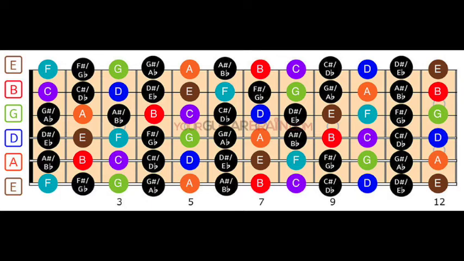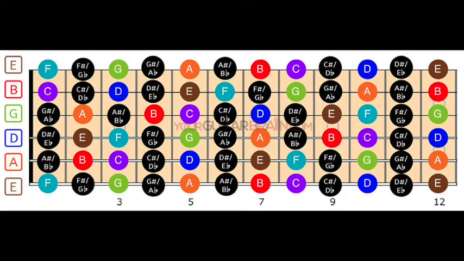So a whole step up from C, we have a fret in between, is a D. A whole step up from D is an E. Okay? You following?